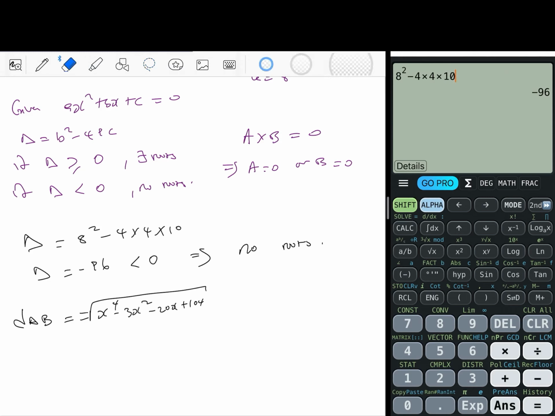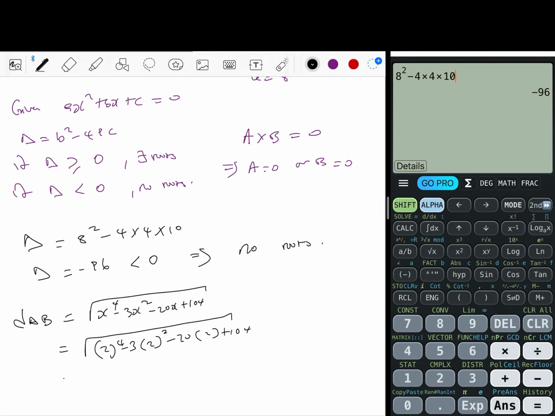So the distance between A and B is this, and we already know that x is 2, so we just put in 2, and then punch this into your calculator to get the minimum distance.